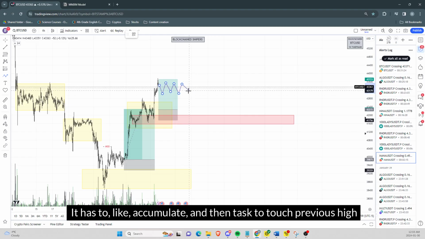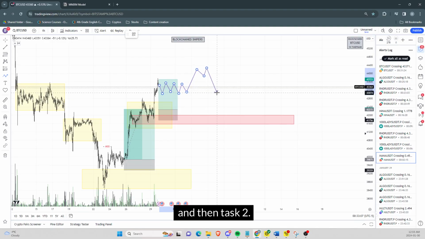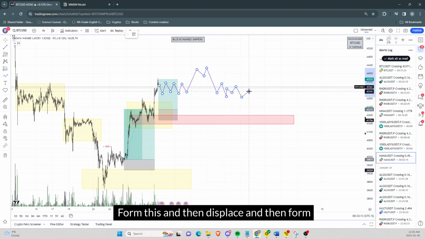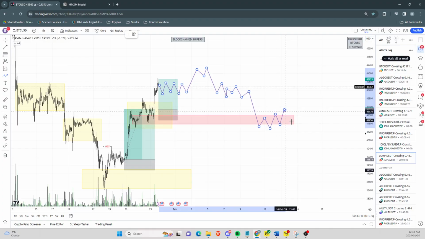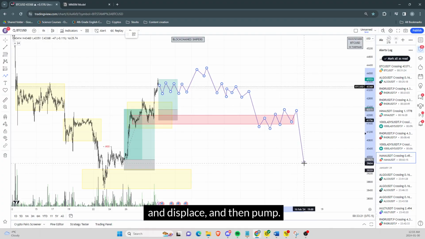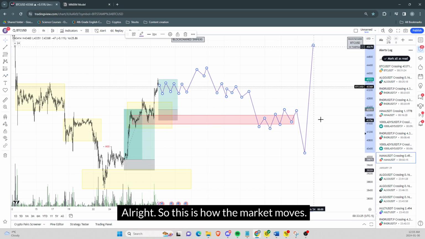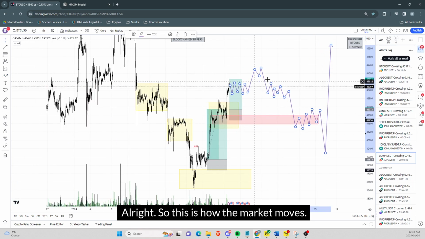It has to like accumulate, and then it has to touch previous high, and then it has to form this, and then displace, and then form and displace, and then pump.